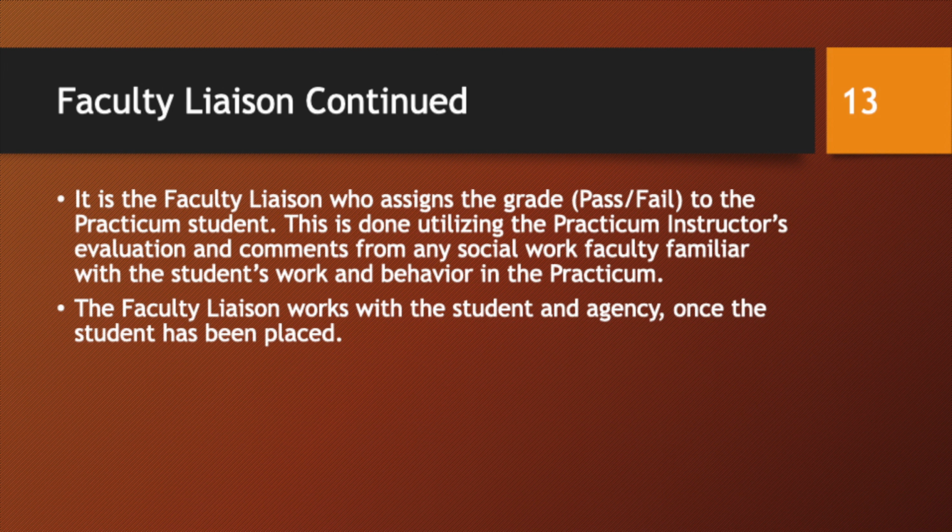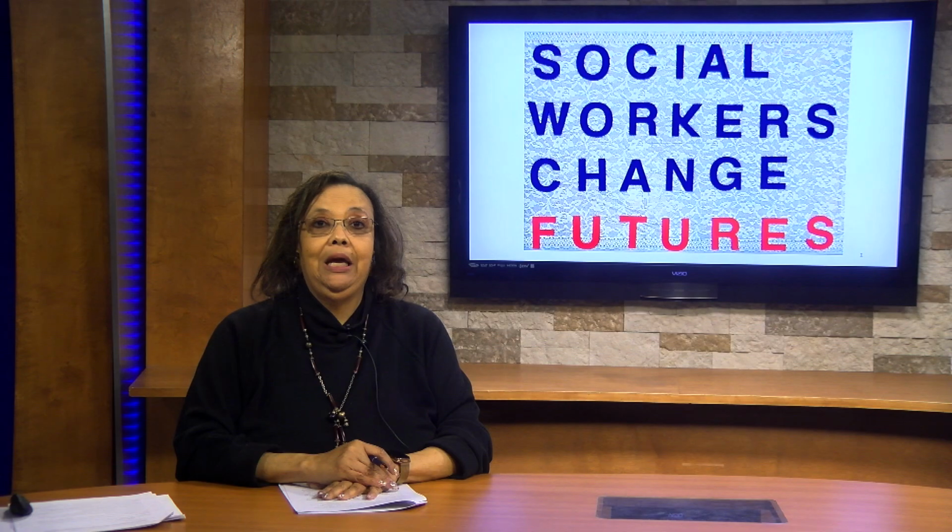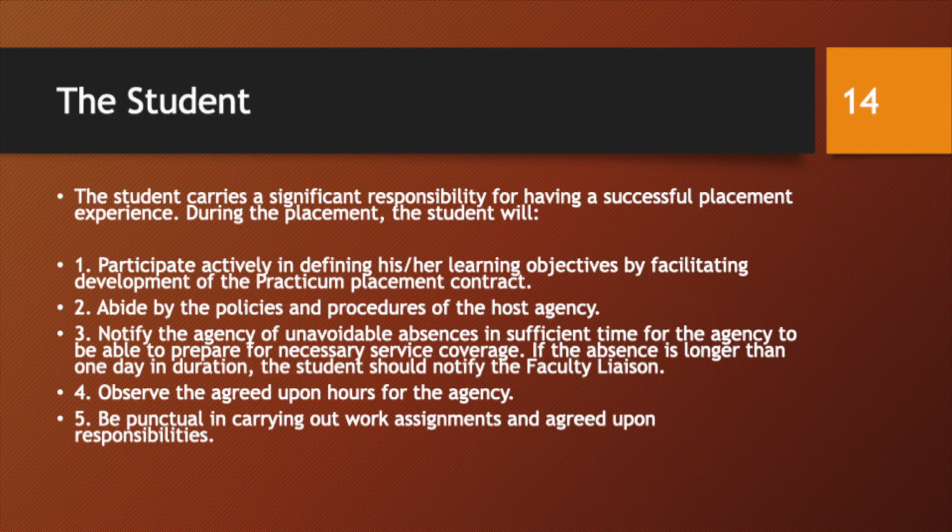The faculty liaison works with the student and agency once the student has been placed. The student carries a significant responsibility for having a successful placement experience. During the practicum, the student will participate actively in defining his or her learning objectives by facilitating development of the practicum placement contract.